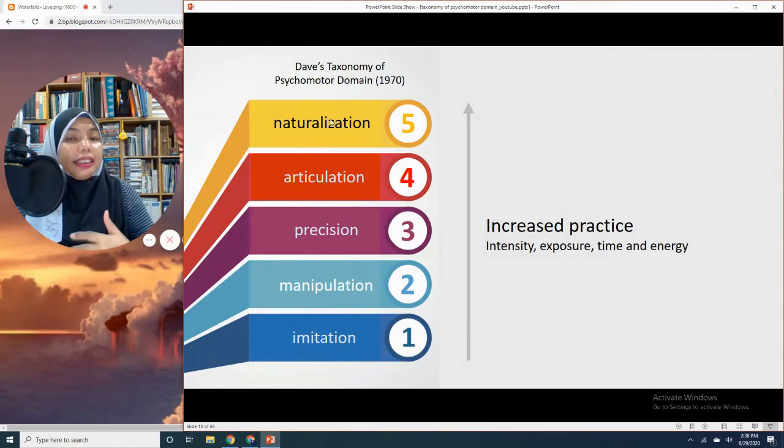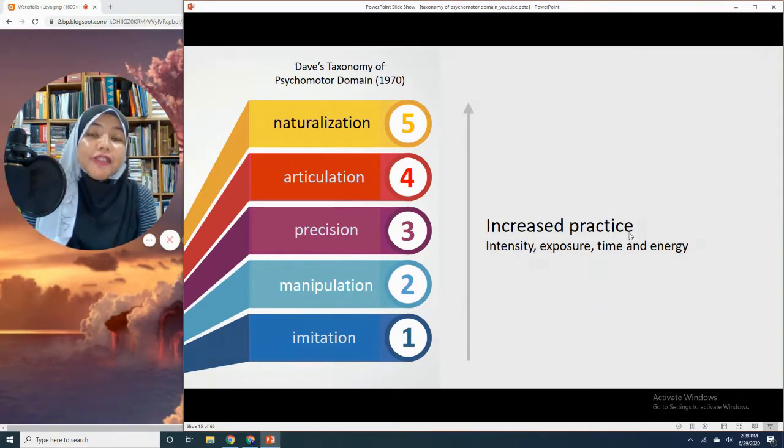And one does move up across these stages with an increased amount of practice, meaning that the more practice you have, the more you will go up along this level. And this practice would basically depend on the intensity of the practice, the exposure that the learner has, as well as the time and energy invested in this practice.